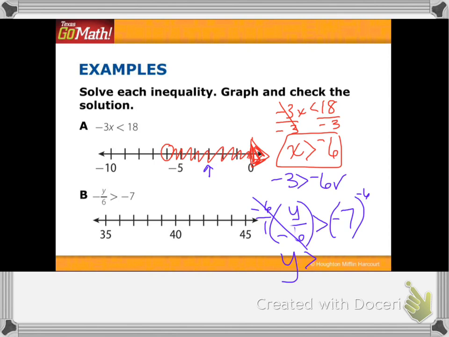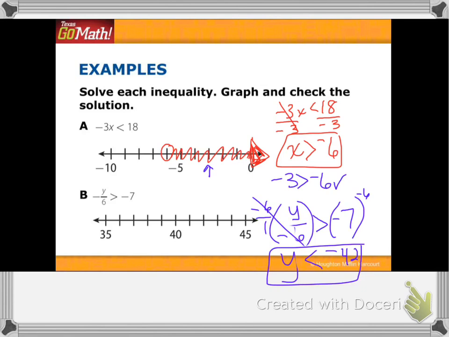Well, we are multiplying by a negative, so we're going to flip our symbol because those dots would flip on that number line. My symbol now flips from greater than to less than. A negative times a negative gives me a positive, and 7 times 6 is 42. So y is less than 42.